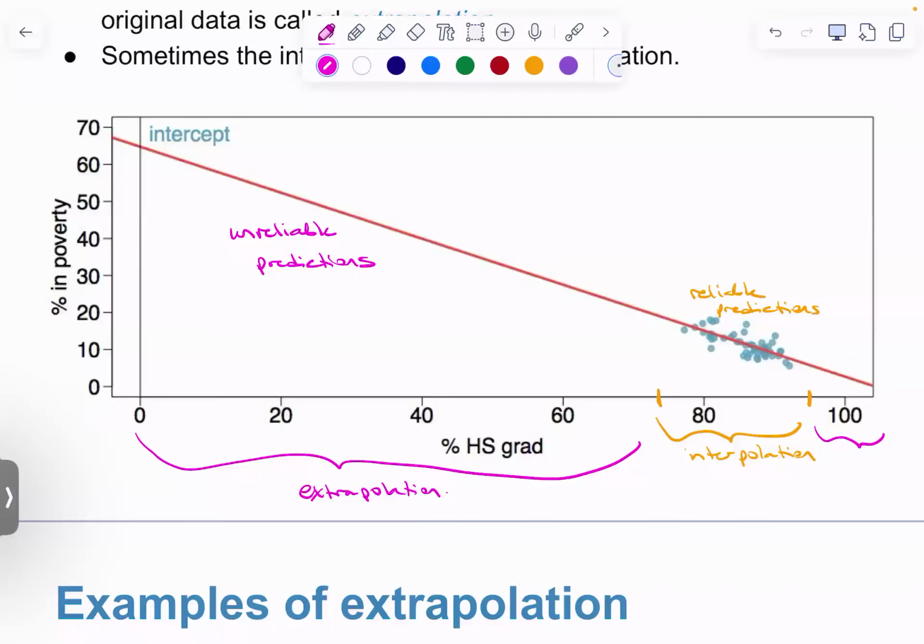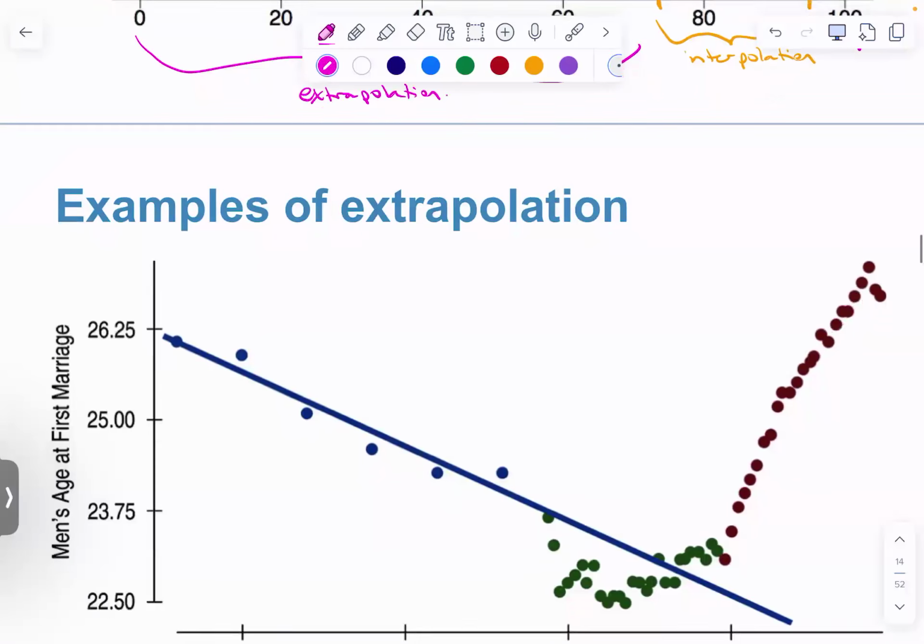What's interesting about extrapolation is now that you know it exists and what it is, you'll see it a lot, actually. People love to do it, especially in the news and such.